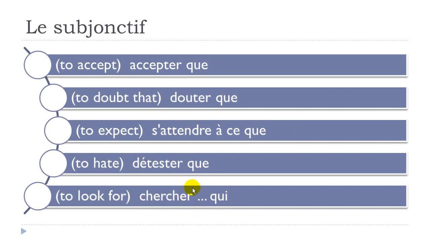Chercher, and then something, qui, and after, it will be followed by the subjonctif. Okay? So, one more time: accepter que, douter que, s'attendre à ce que, détester que, chercher qui. And they will be followed by le subjonctif.